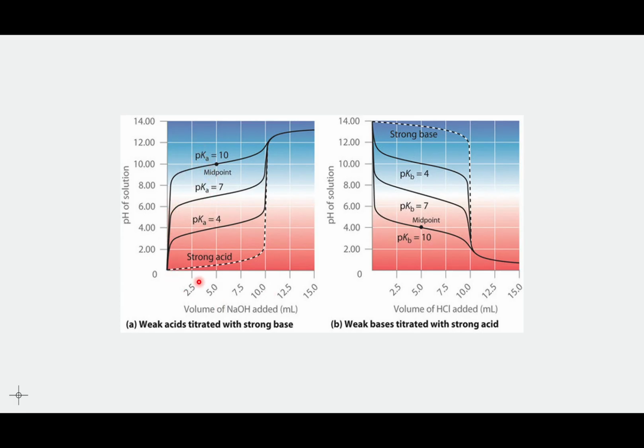Of the solution, the stronger the acid, the lower the pKa. So the pKa may be really small here, and notice as pH changes, the pKa increases. And when we're adding an acid now to a base, the pKb starts out really low, because remember, the lower the pKb, the stronger the base.